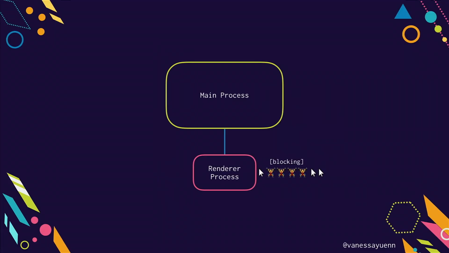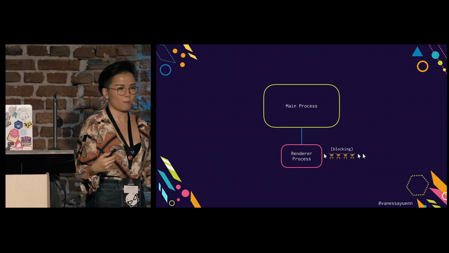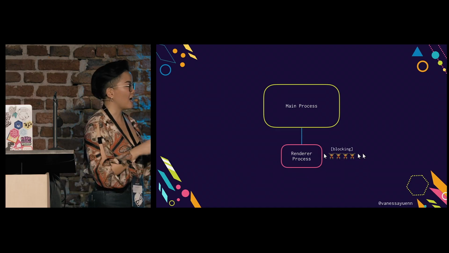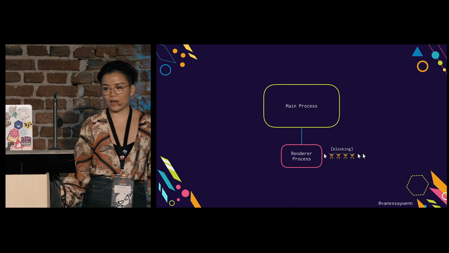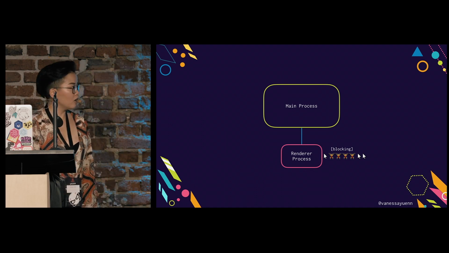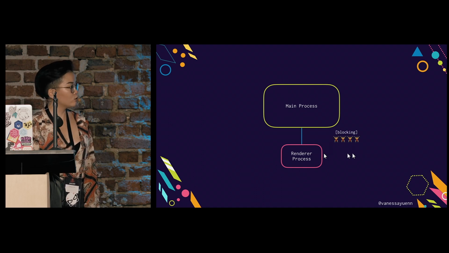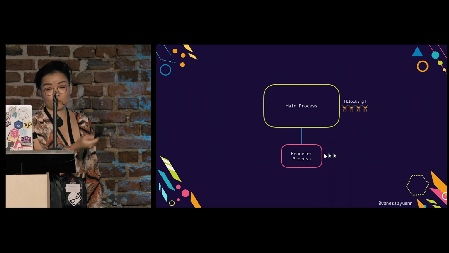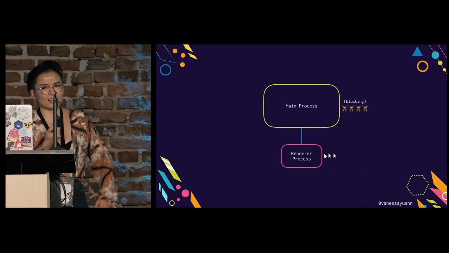So not ideal. And since Electron has this concept of a main process and a renderer process, it's very easy to think of the main process as the back end and the renderer process as the front end. As a result, a common first attempt to unblock the UI is to move all the heavy lifting stuff to the main process. Makes sense, right?